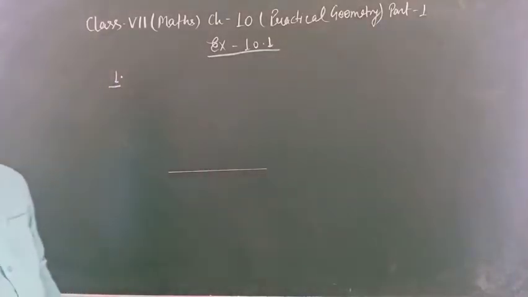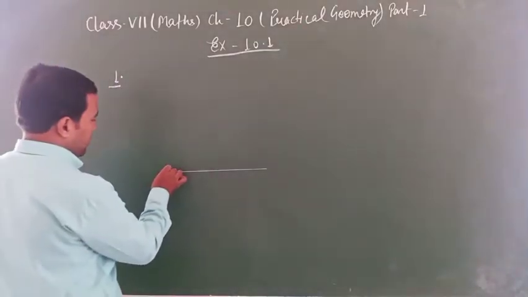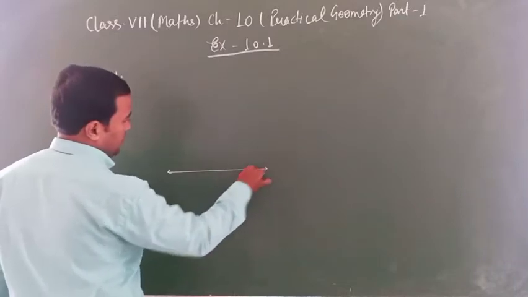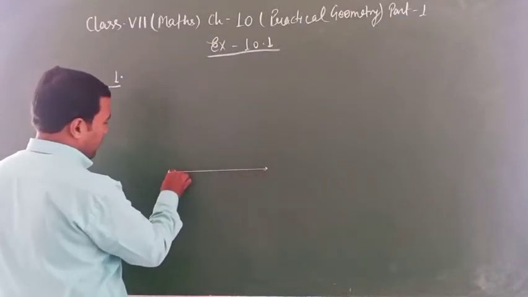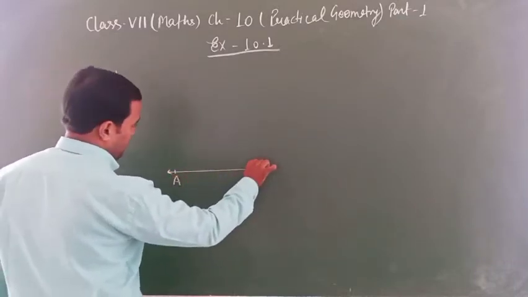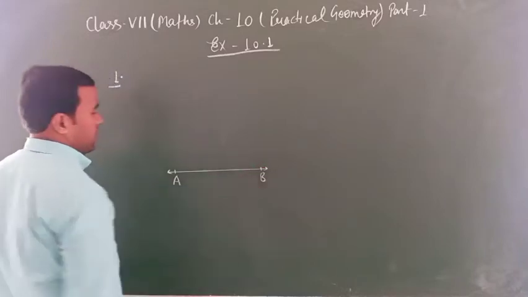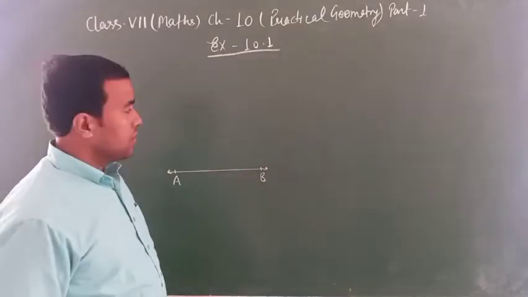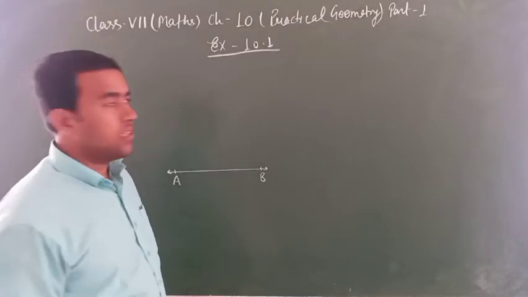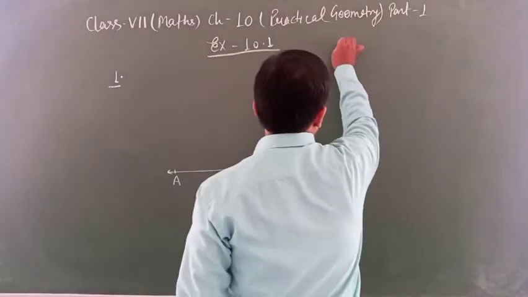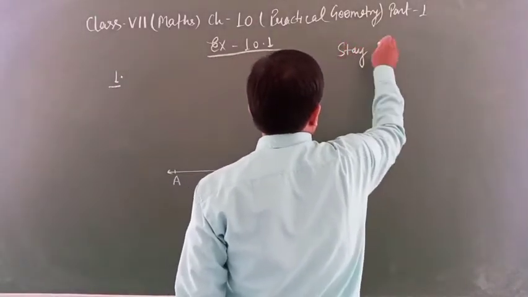Draw a line AB like this. Distance is not given, it only says draw a line. The steps of construction we will also write.